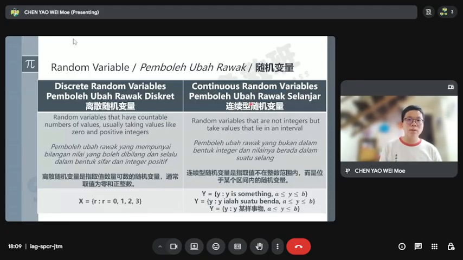Now for continuous random variables, all the things you do know. For example, from class 5 Almanac, we have 13 pelajar, 13 students. I need to know about the range for the height of the students of class 5 Almanac.